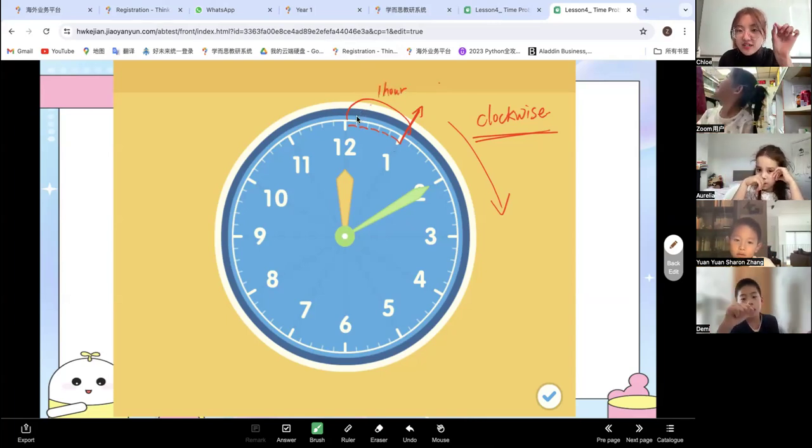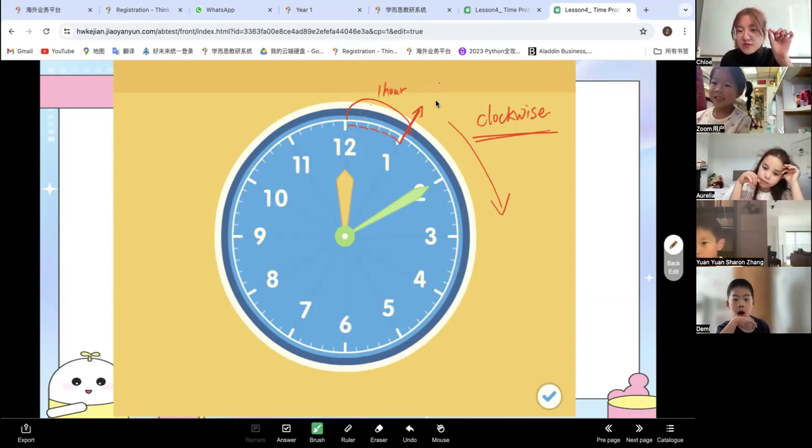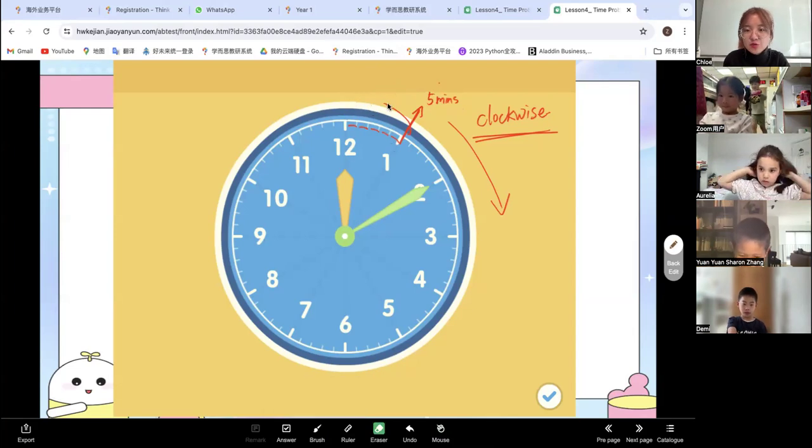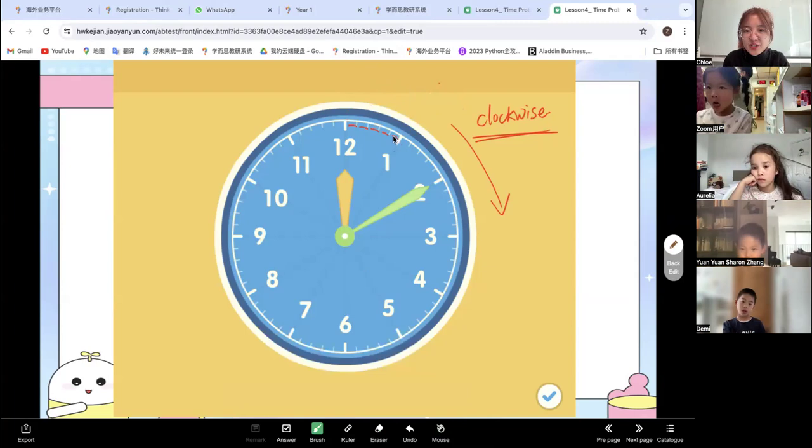Or we can focus on the smaller section, which means 5 minutes. Okay, everyone. So now the longer hand will start to travel, okay? So we know for each little gap will be 1 minute, and each large gap will be 5 minutes. So question, from 1 to 2, how many minutes are there?